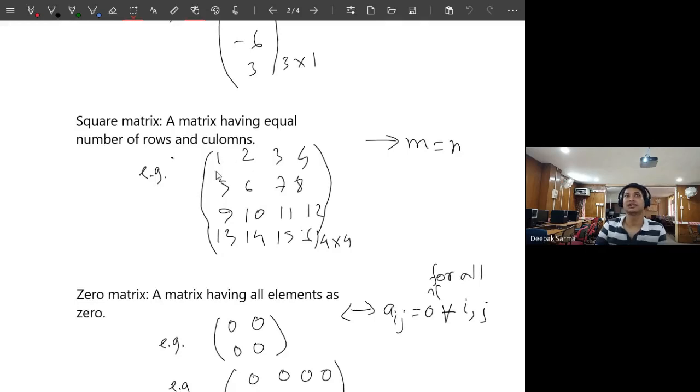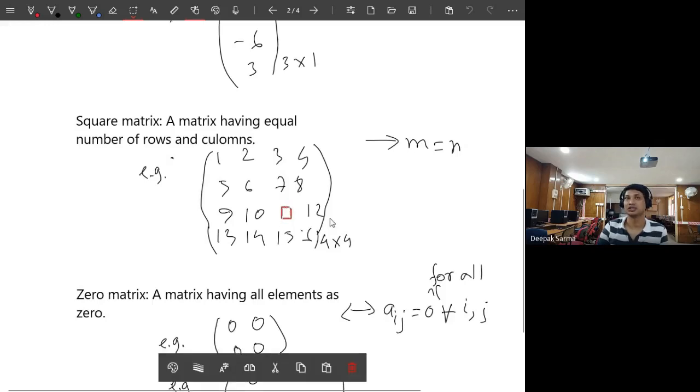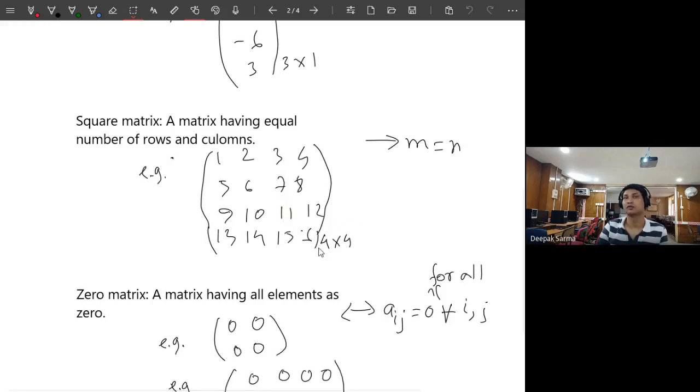But what about the speciality of this diagonal? You can see what is the position of this particular entry. It is 1, 1. What is the position of this entry? It is 2, 2, second row, second column. What about this? It is in third row, third column, 3, 3. Again here it is 4, 4.